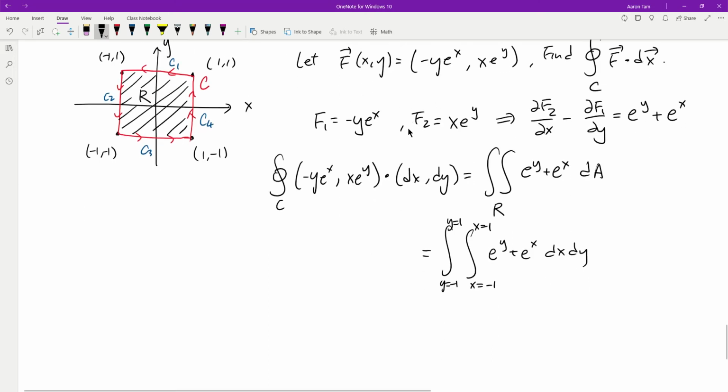So now it's just a matter of evaluating or integrating this. So let's go for it. That would equal the integral, y from negative 1 to positive 1, of the integral of e to the y plus e to the x dx, which becomes x e to the y plus e to the x, evaluated from x equal to negative 1 to positive 1, dy.